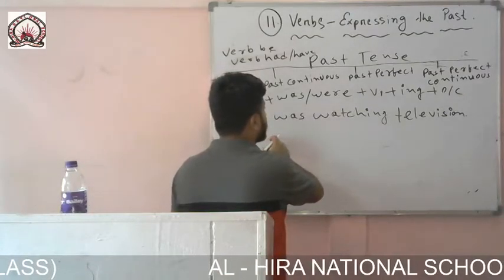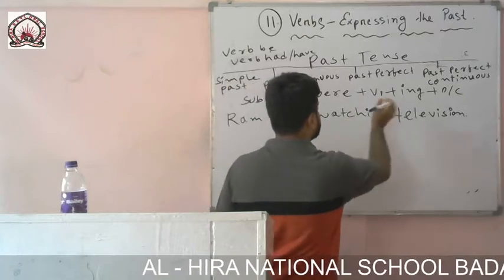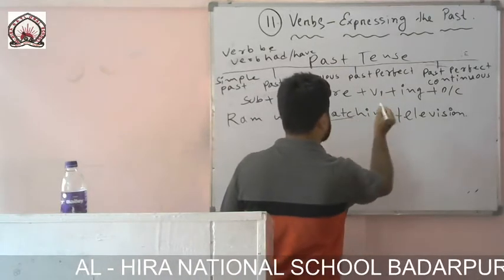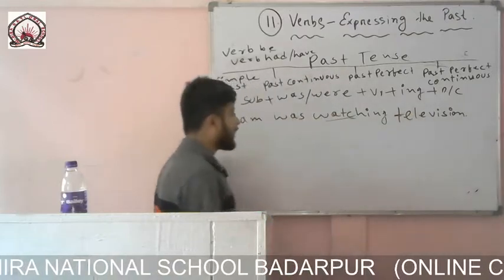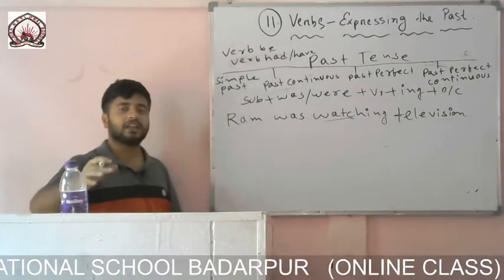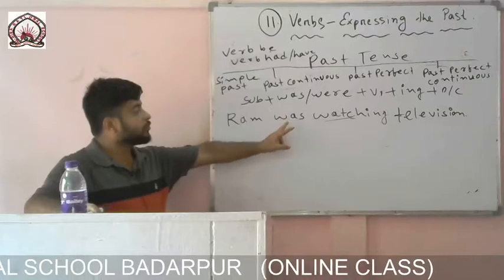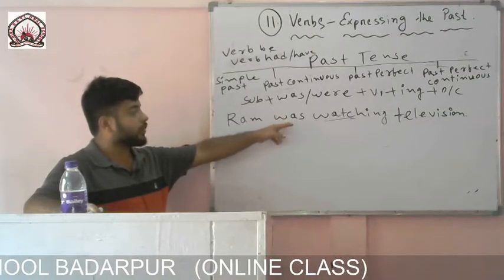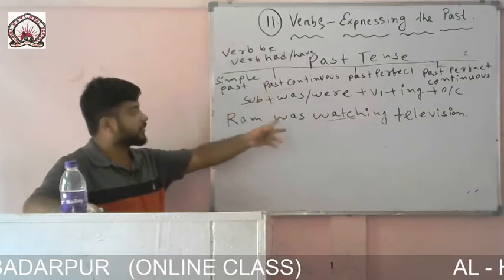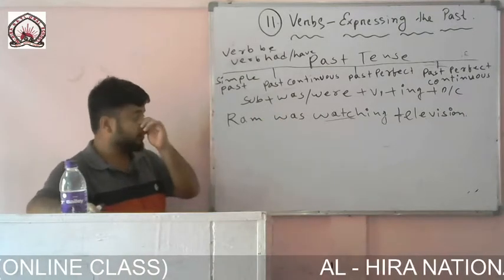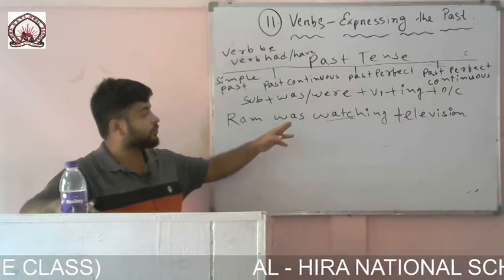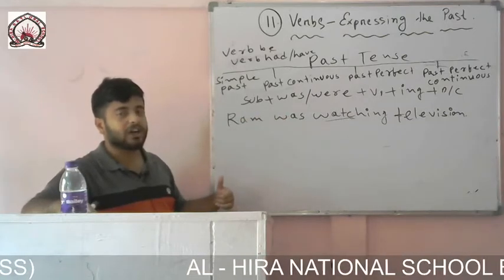So Ram was, then verb plus ing: the first form of the verb watch, then ing, then television is the object or complement. Ram was watching television. Here we have used this was. Earlier in simple past we wrote the sentence with just was. But here was is used to form tenses.